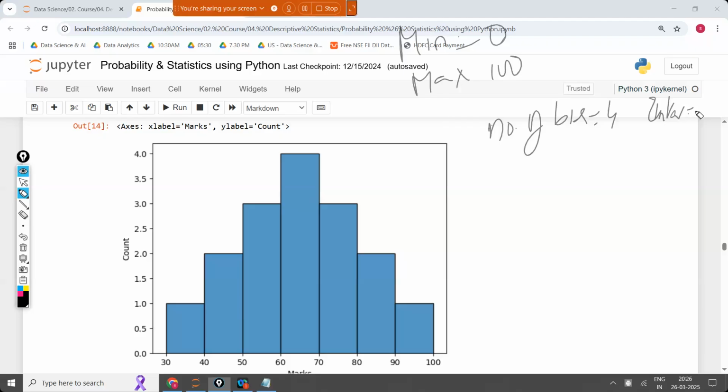If number of bins is 5, then what is the interval? 20. If number of bins is equal to 10, then what is the interval? 10. Like that, as per your choice, you are going to choose. Sir, which one is making sense for you? That one you have to apply.